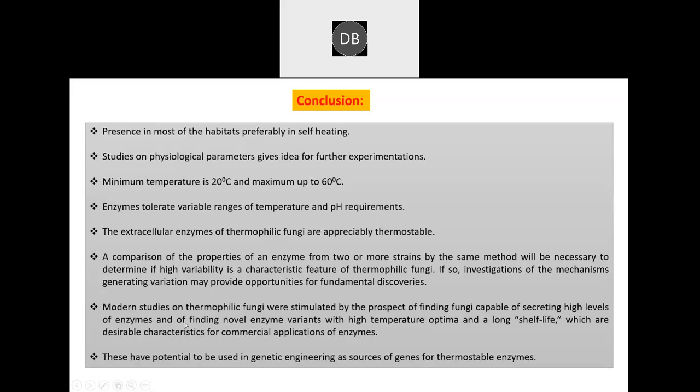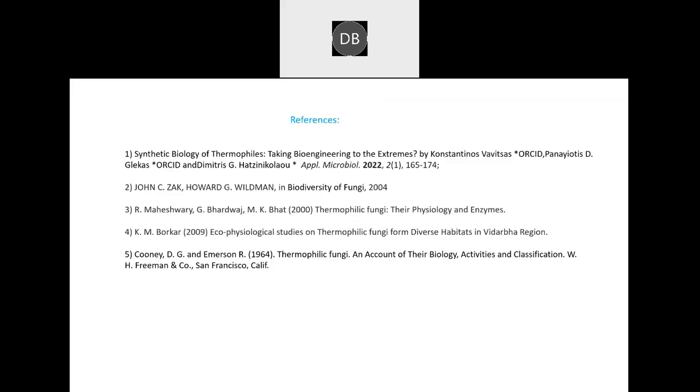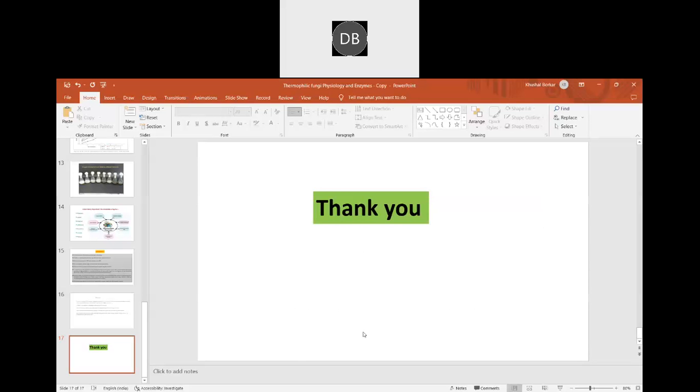Modern studies on thermophilic fungi were stimulated by the prospect of finding fungi capable of secreting high levels of enzymes and of finding novel enzyme variants with high temperature optima and long shelf life, which are desirable characteristics for commercial applications of enzymes. These fungi have potential to be used in genetic engineering as a source of thermostable enzymes. And these are some of the references used for making the presentation. Thank you.